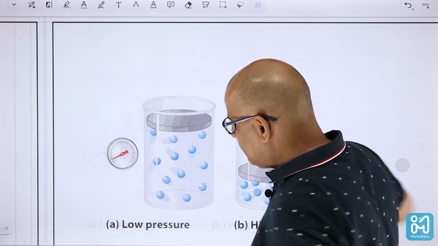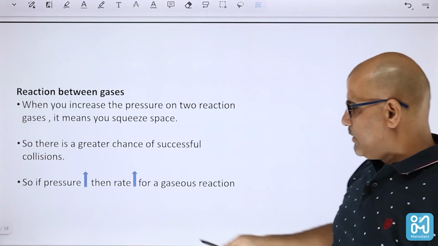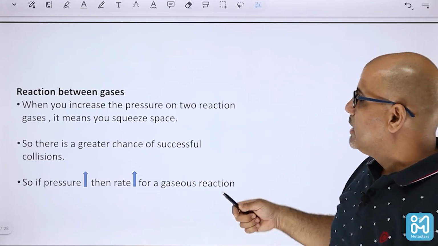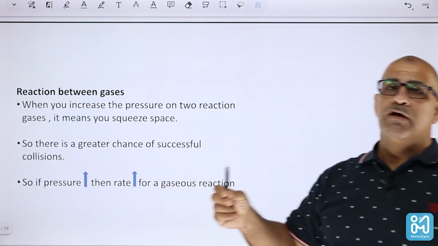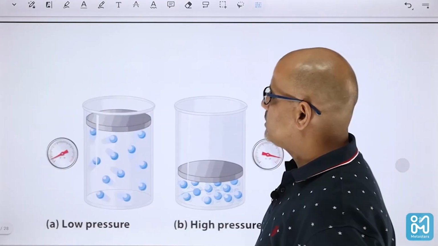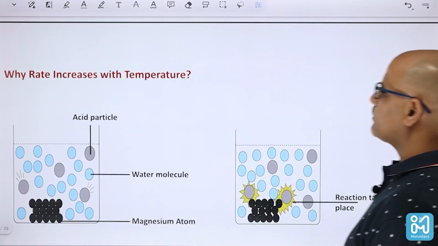So again, if the pressure is increased, the rate of a gaseous reaction increases, because there is a greater chance for successful collisions to take place.